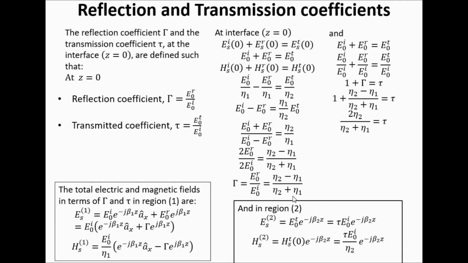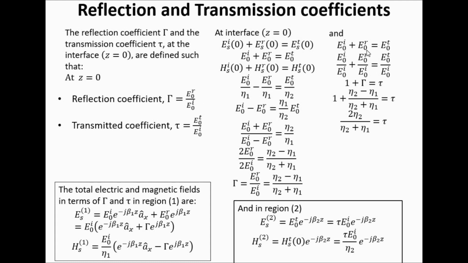Reflection basically depends on the wave impedance of both media. If eta 2 is higher than eta 1, you will get positive reflection. If eta 2 is lower than eta 1, then you will get negative reflection. And depending on this value, positive or negative, you can find the polarization of the incident and reflected wave in comparison.